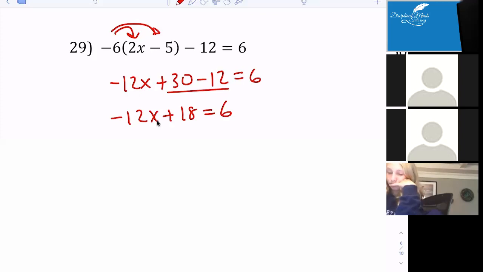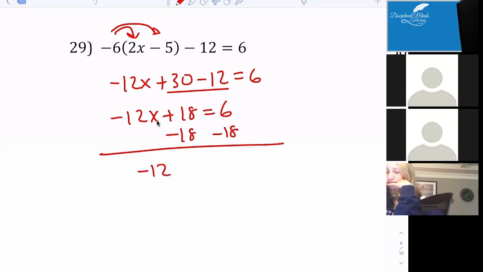You're right. So now what's next? And then minus 18. Good. Negative 12. So x equals 1.